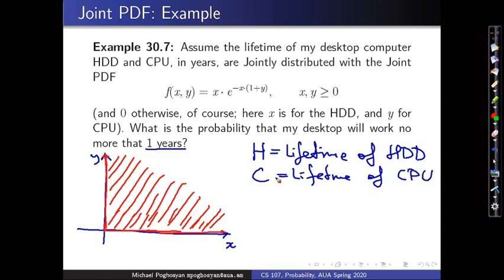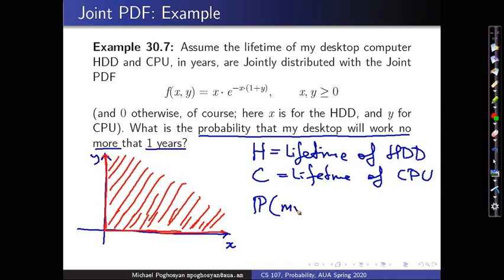If one of them is not working, of course my computer will not work. So we want to calculate the probability, written in mathematical terms, that the desktop will not work more than 1 year. If one of them is less than 1, then I will not have a working computer.